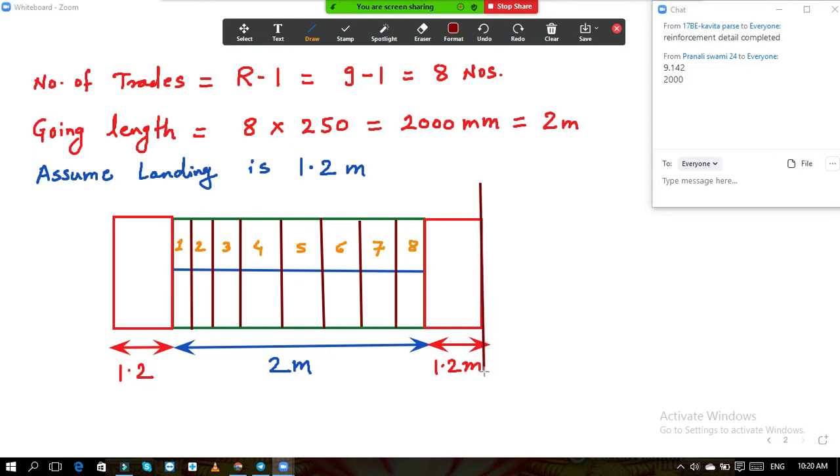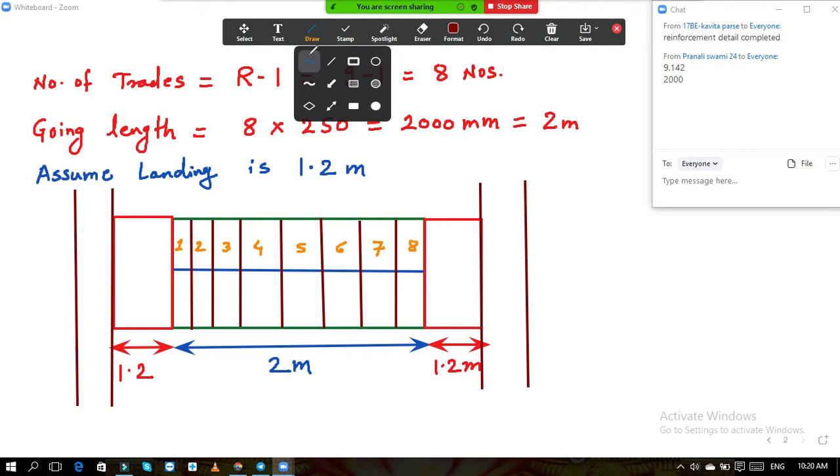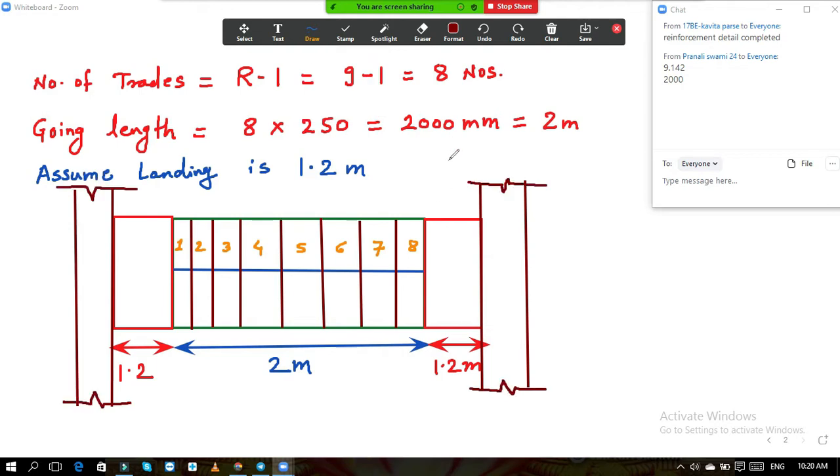On this wall it is resting. Similarly on this side also, here we will draw the supports. As it is not given in the problem, we are assuming it, and we will clearly mention it. Whatever we are assuming, we will mention it. So this is our wall.